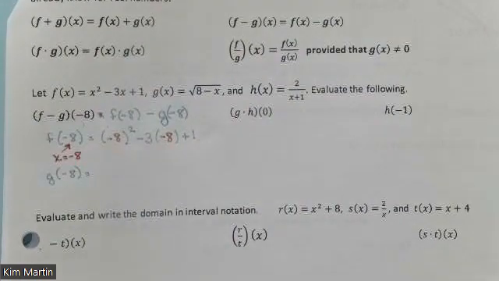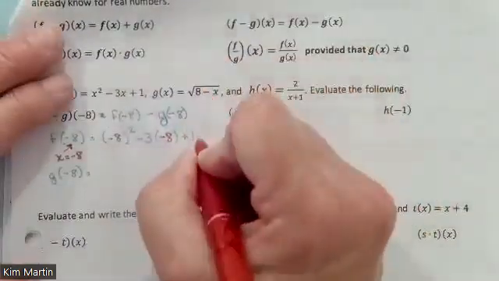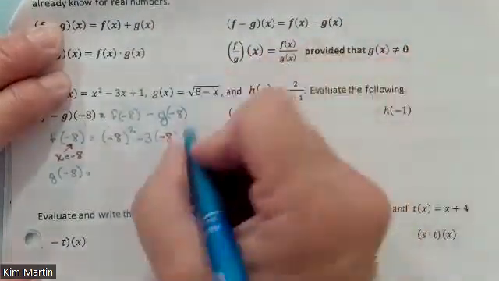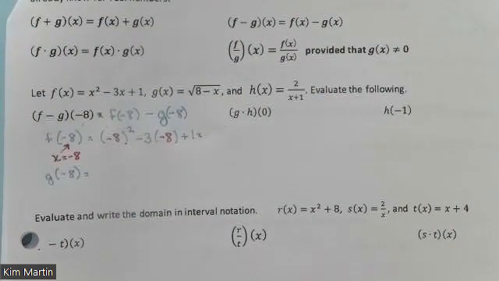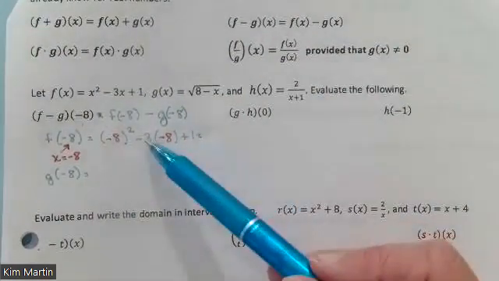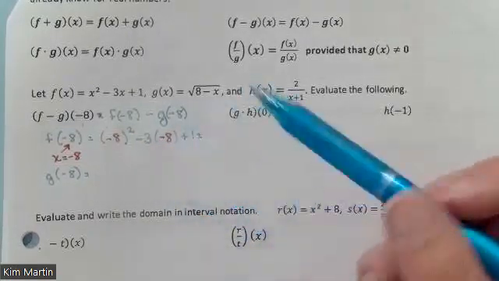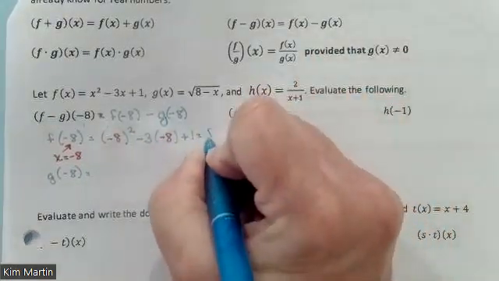So you take out x and put in -8. When you do that, however you do it, by hand, by calculator, or whatever, you are going to get 64 plus 24 plus 1. So it's going to give us 89.